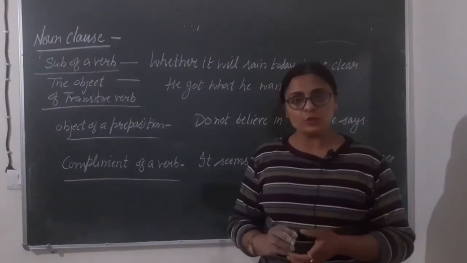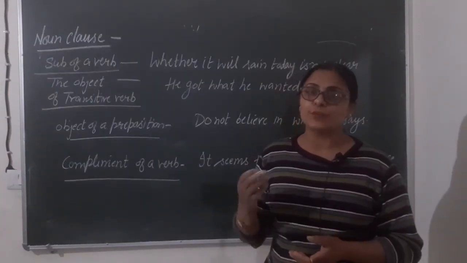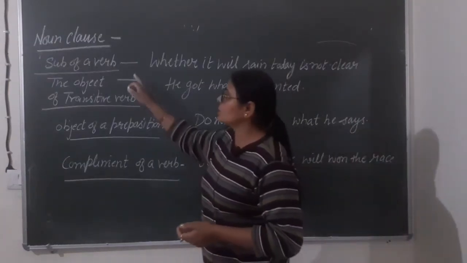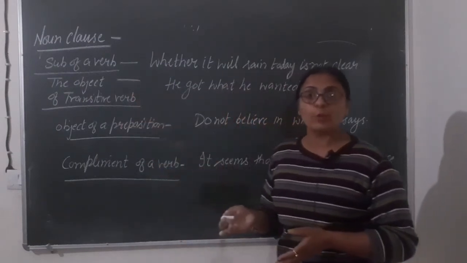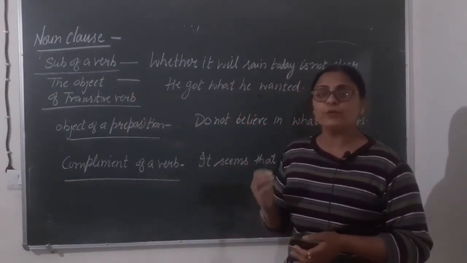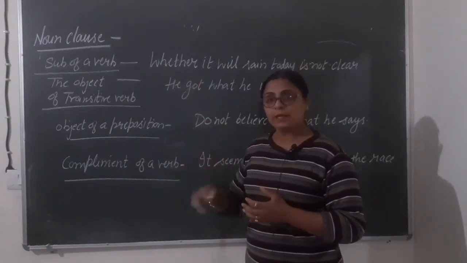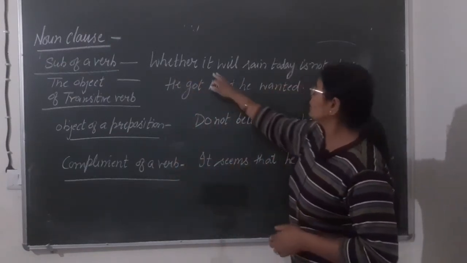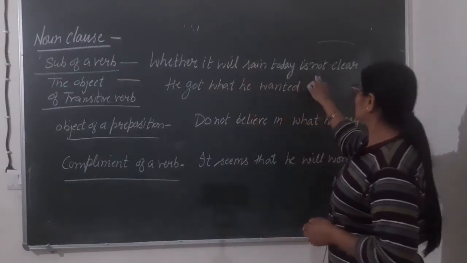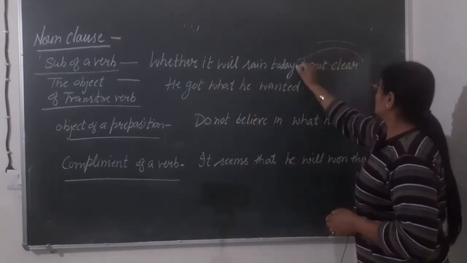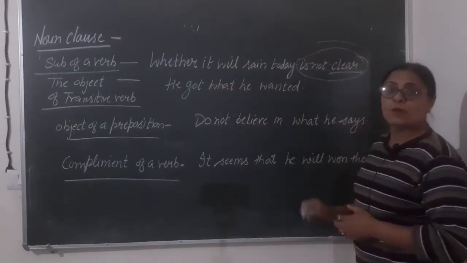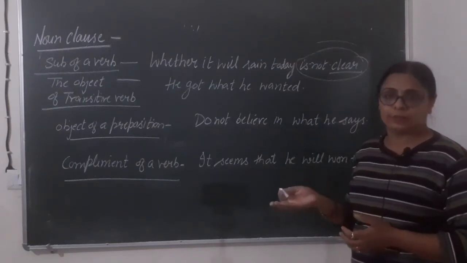Okay, let's see the use of the noun clause in different ways. First, it can be used as the subject of a verb. Basically, we are talking here about the subject and its verb. Like: Whether it will rain today is not clear. Here, clear is our verb. What is not clear?